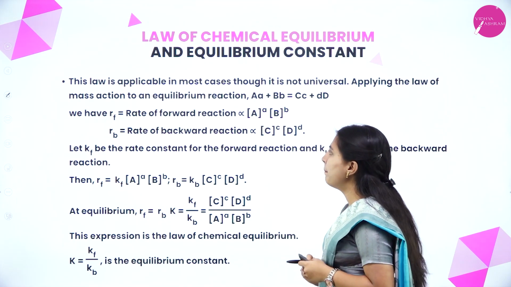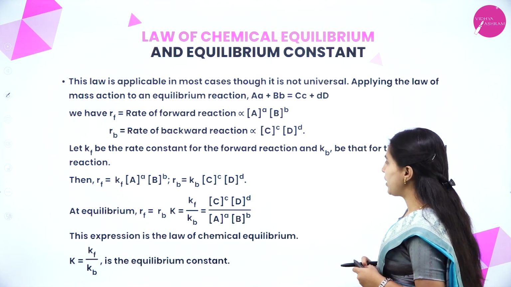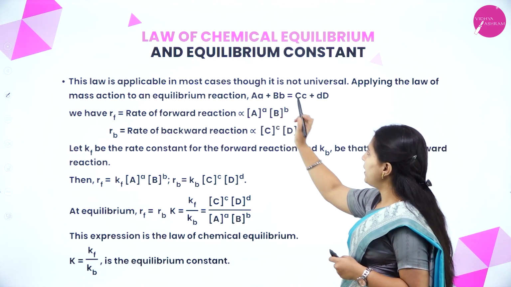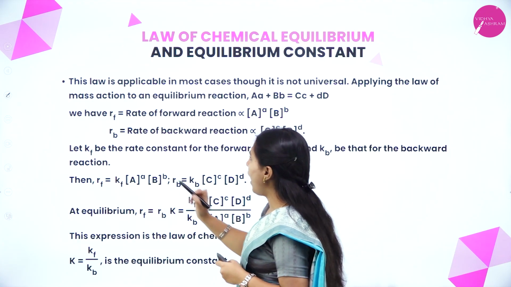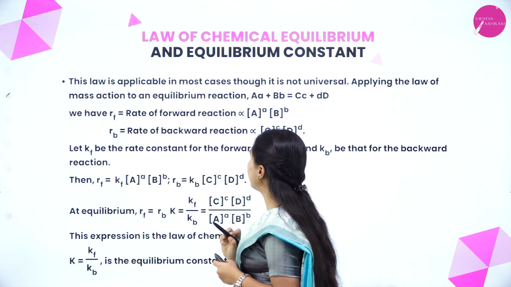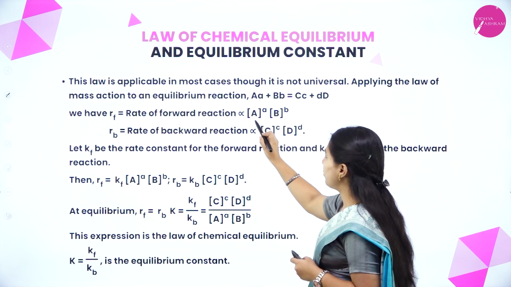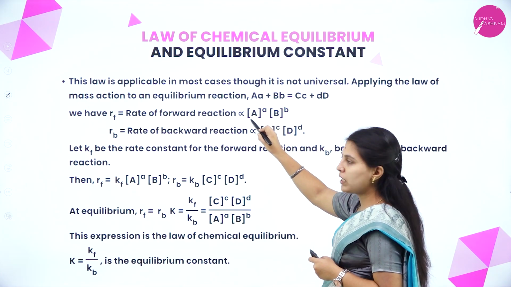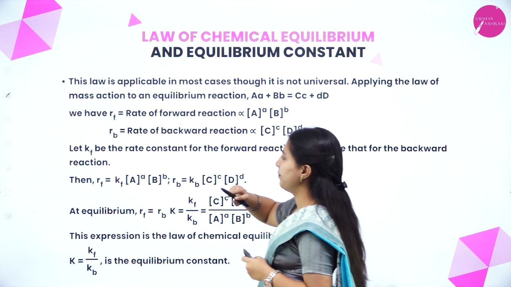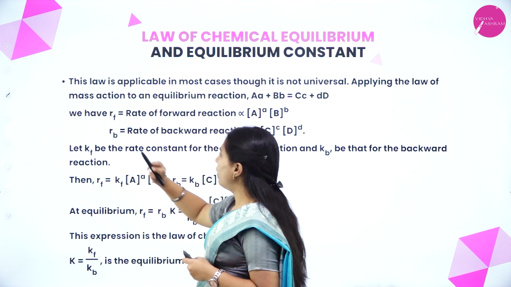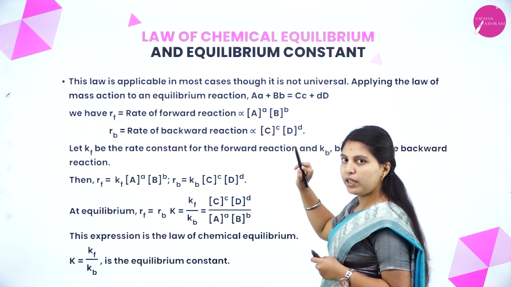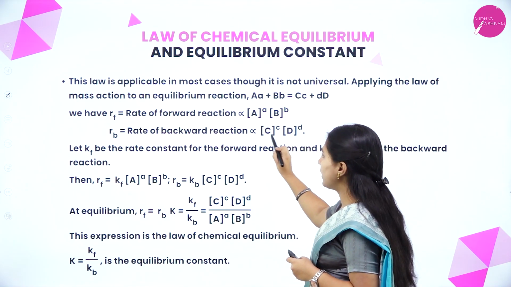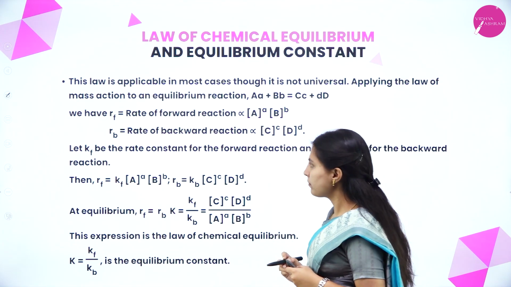Applying the law of mass action to an equilibrium reaction, see here, A plus B giving C plus D. We have Rf, the rate of forward reaction, directly proportional to the molar concentration of reactants A plus B. The rate of backward reaction is directly proportional to the molar concentration of products, that is C into D.